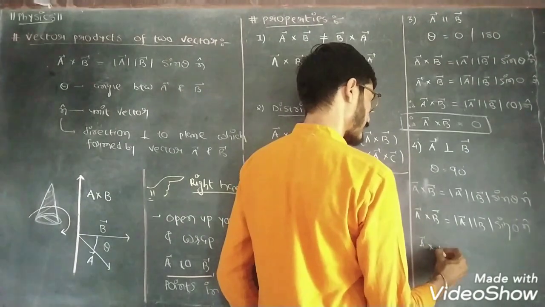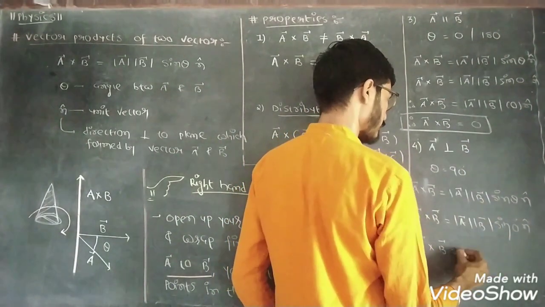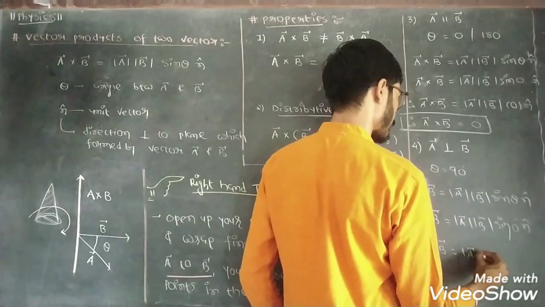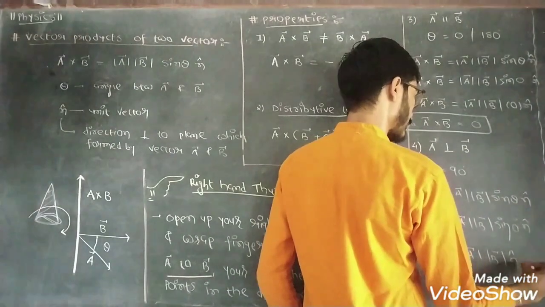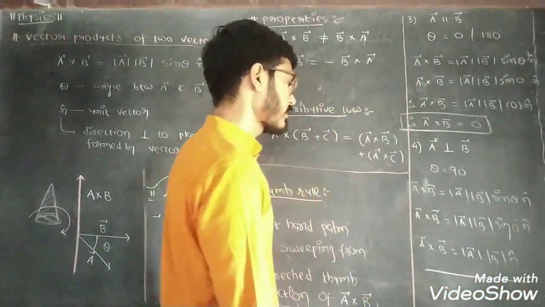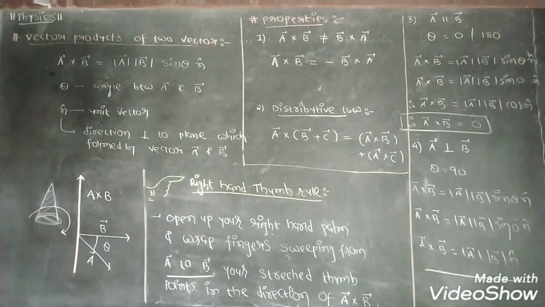So A cross B is equal to, sin 90 means 1. So the answer is mod A into mod B into n caret. Okay, so this is the property of vector product.